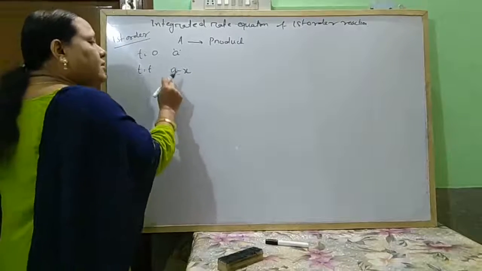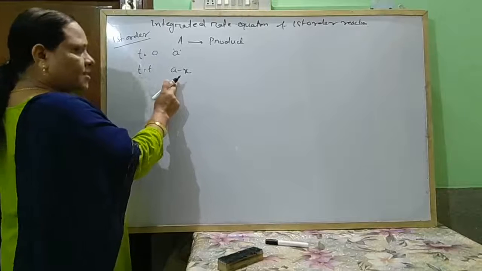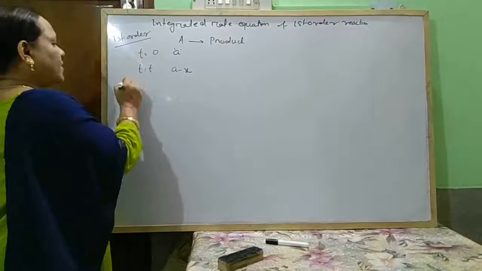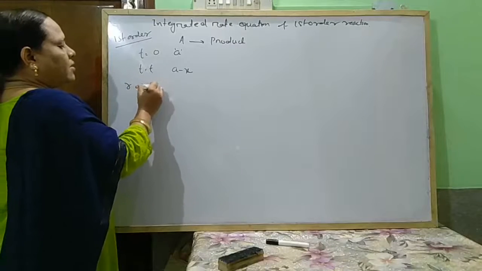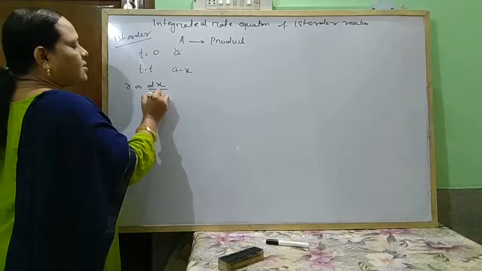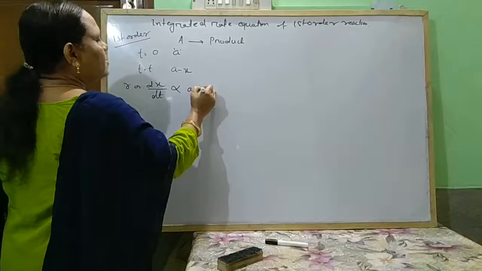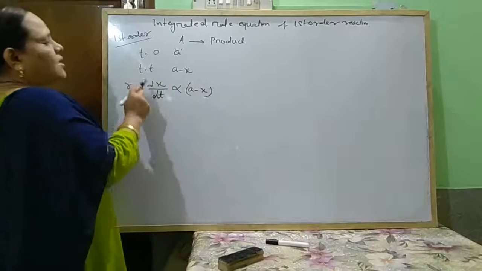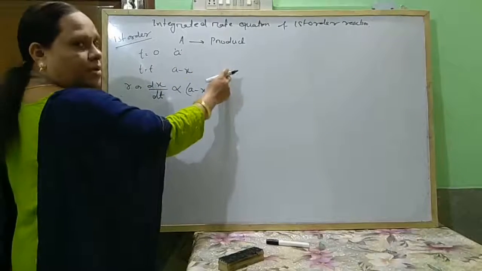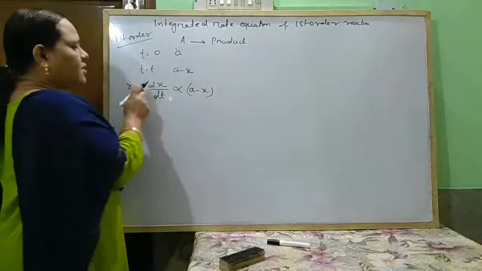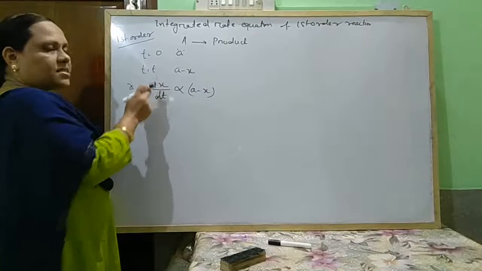And what is the rate of reaction at that instant? According to the rate, dx by dt is proportional to a minus x, where x moles of product is formed. In terms of product, I have written the rate of reaction as dx by dt.